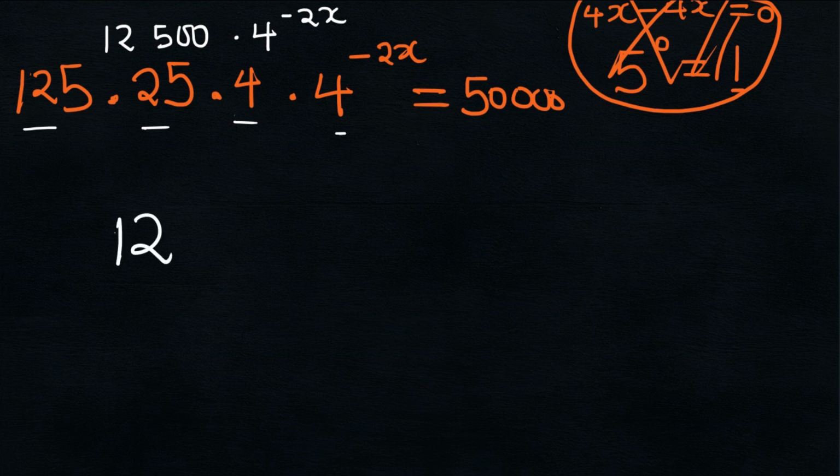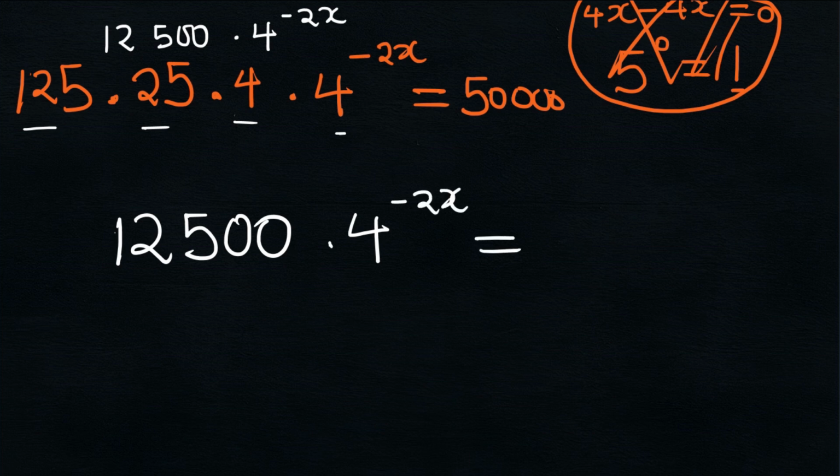So 12,500 multiplied by 4 raised to the power of minus 2x is equal to 150,000. So the next step will be to keep 4 to the power of minus 2x on the left hand side.